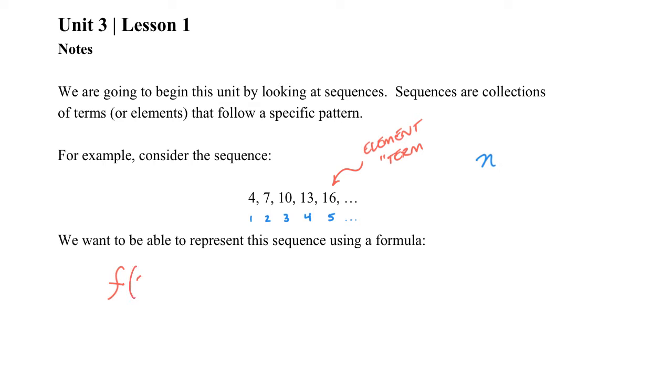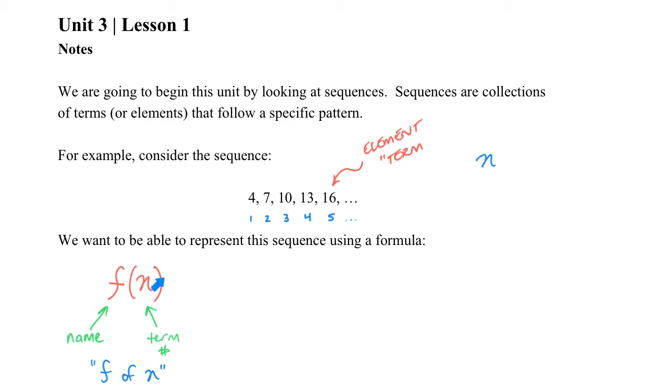And so the way that we do that is we write it like this. What this is here is the name of the sequence, okay? And this is the term number, okay? And this is read f of n, okay? This is not multiplication, okay?